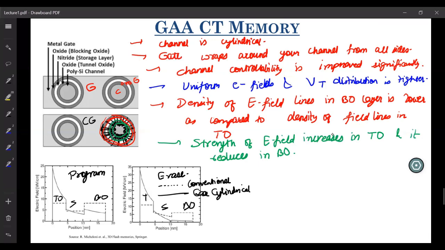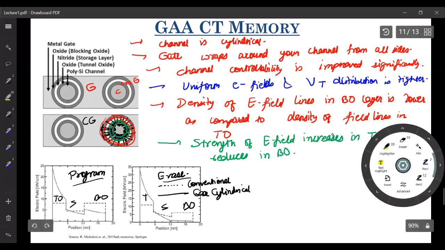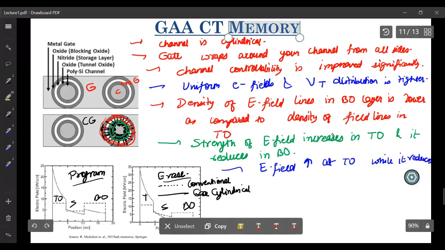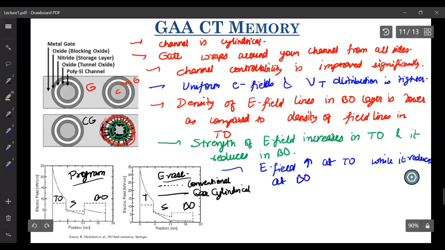If you look at these two field distributions during programming, you'll observe that in both cases, the E field increases significantly at the tunneling oxide, while it reduces at your blocking oxide, even compared to the conventional structure.